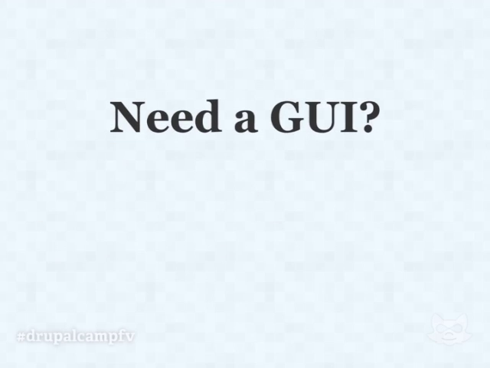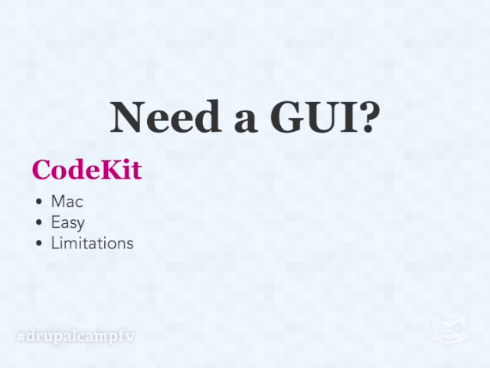Do you need a graphic user interface? Well, you can have them. CodeKit on Mac OS X is a really great tool when you're getting started. It's super easy. You don't have to install the Ruby gems yourself. It comes all packaged up.